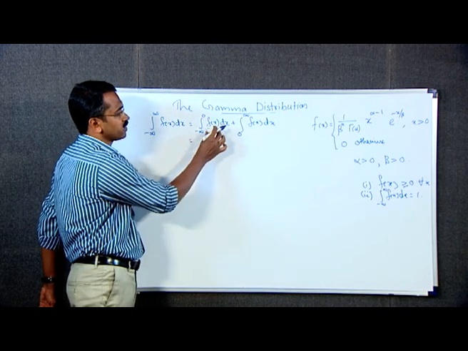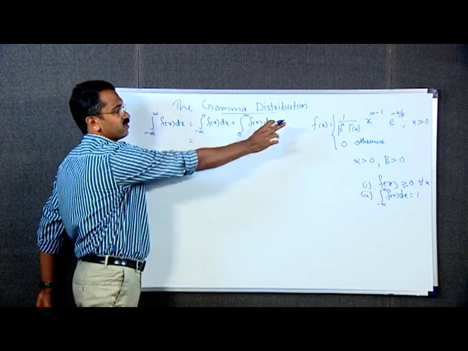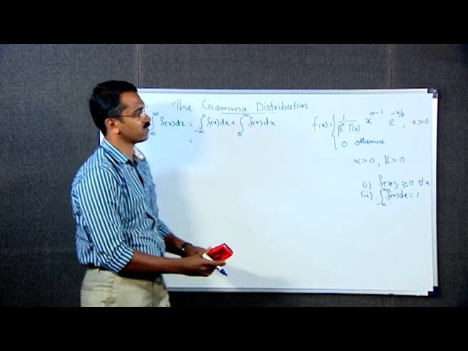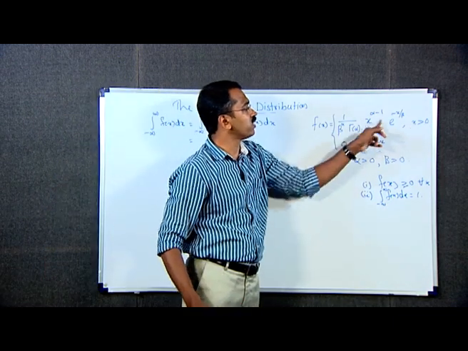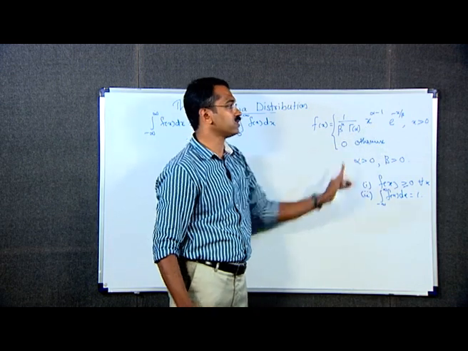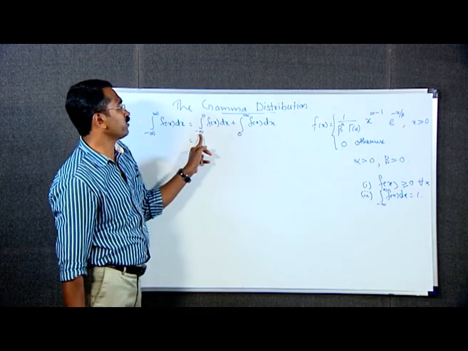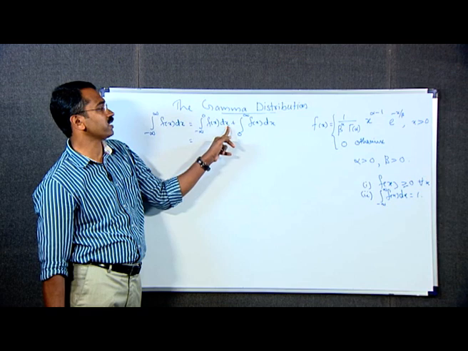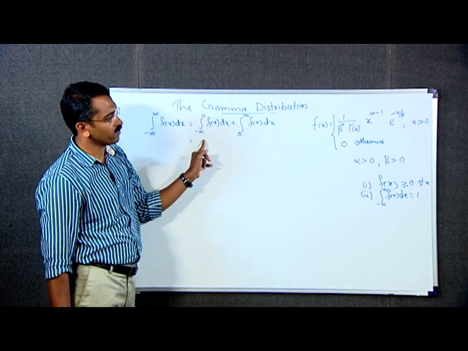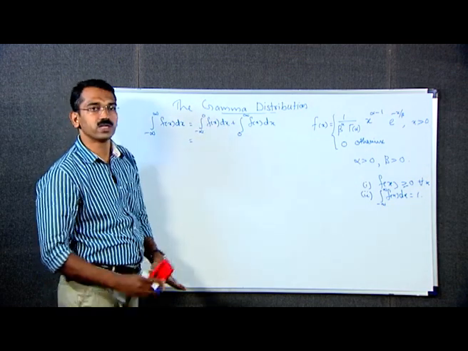For x greater than 0, the non-zero value of the function is this. Here, the integral from minus infinity to 0 means x is less than 0, in which case f(x) is defined as 0.